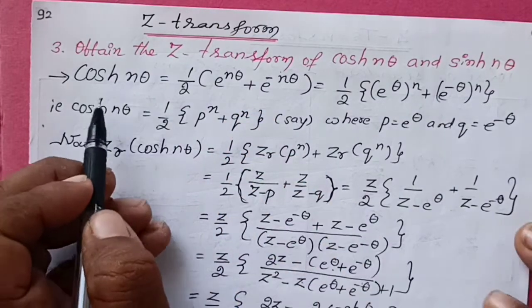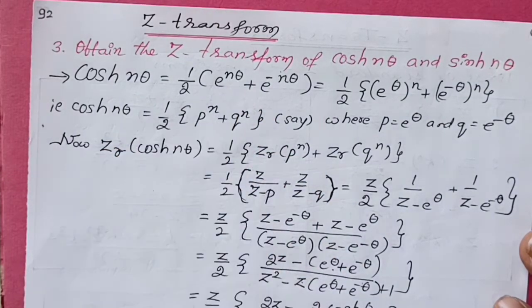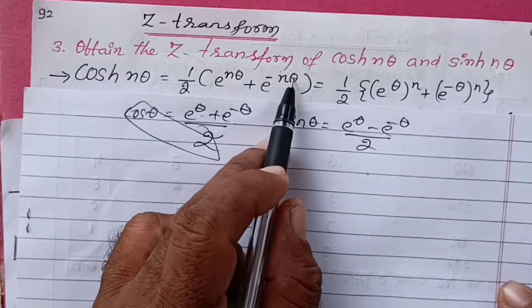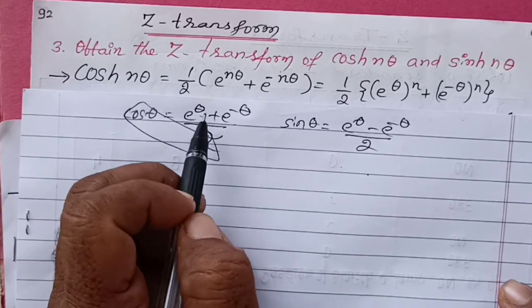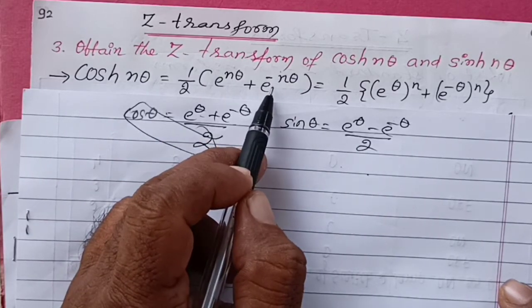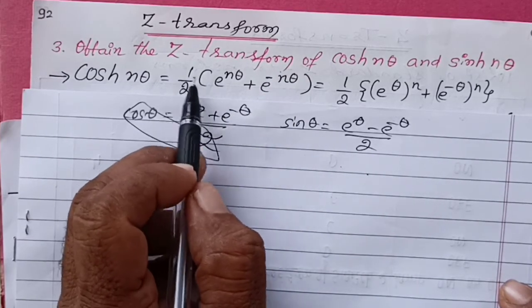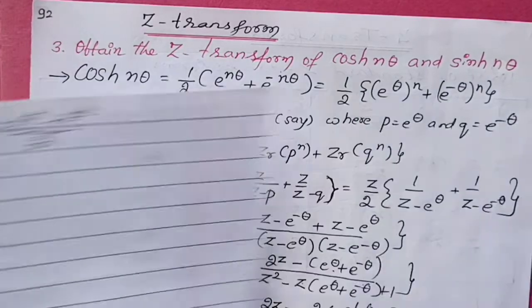So here cos hyperbolic n theta is equal to e raised to theta plus e raised to minus theta, divided by 2. In place of theta, we have n theta here in the problem. So it is e raised to n theta plus e raised to minus n theta divided by 2. The 2 is taken here. So it is equal to cos hyperbolic n theta.